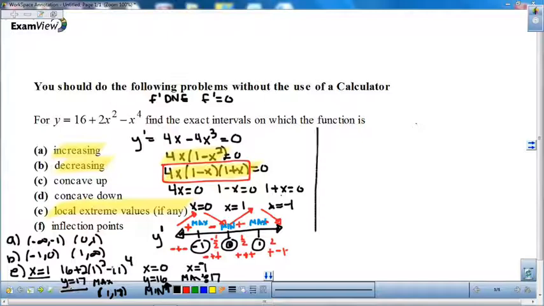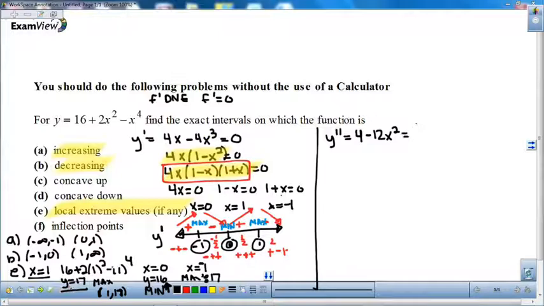Okay, so parts C, D, and F ask to find the points of inflection. To find the points of inflection, I'm going to find the second derivative. My second derivative is going to be 4 minus 12x squared.